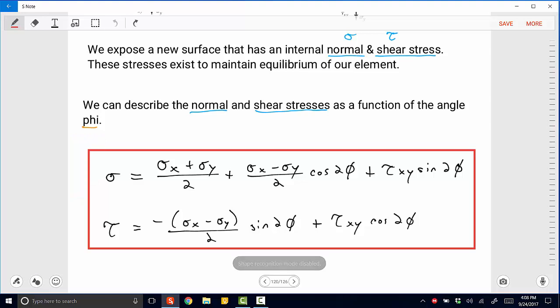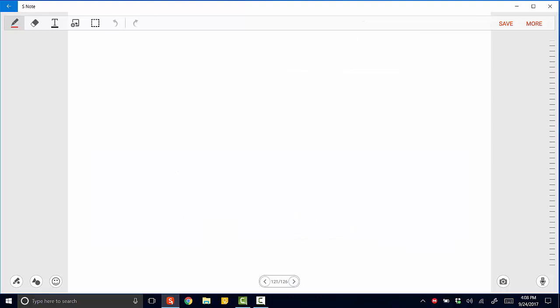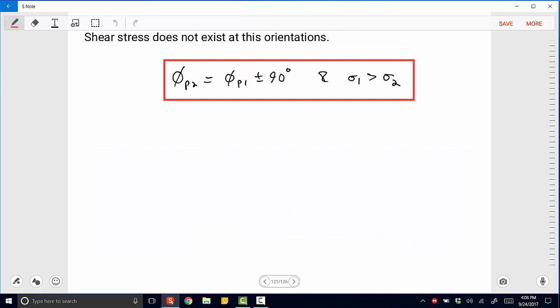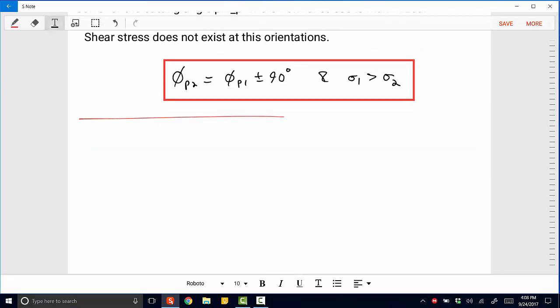Well, what about this second equation, this shear stress equation? Couldn't we do the same thing? And if we did do the same thing, what would we find? What would we actually be finding if we did that? Let's talk about it. Let's attempt it.